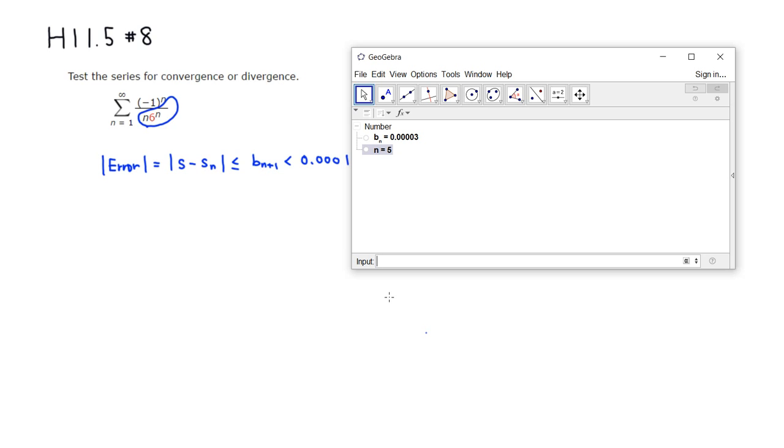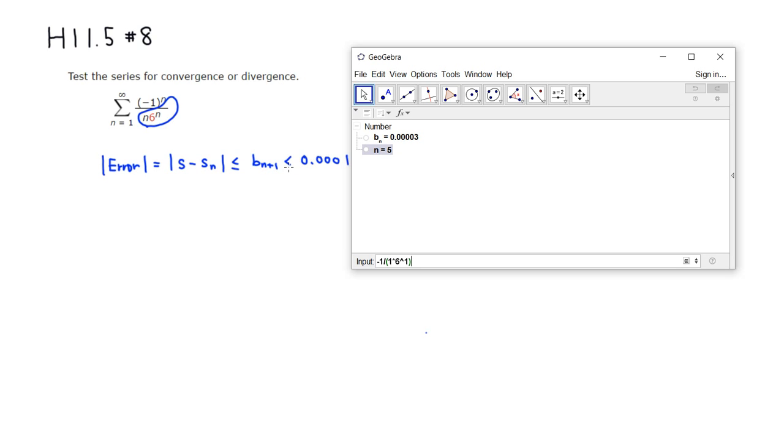In this case, when n plus 1 equals 5, you have sufficient accuracy. So we can add all the way up to the fourth term. The first term is negative 1 over 1 times 6 to the 1.